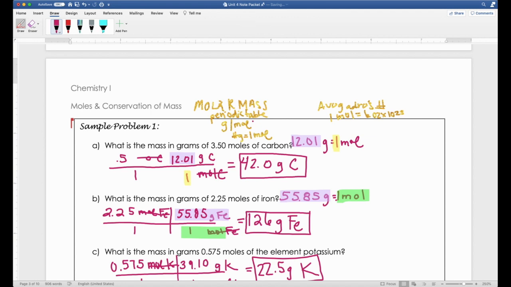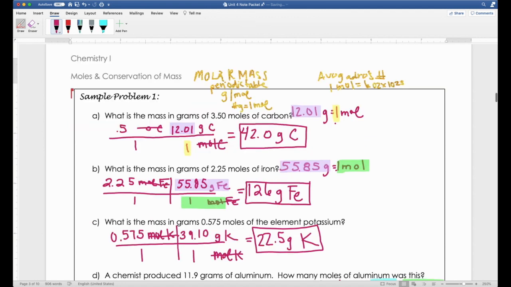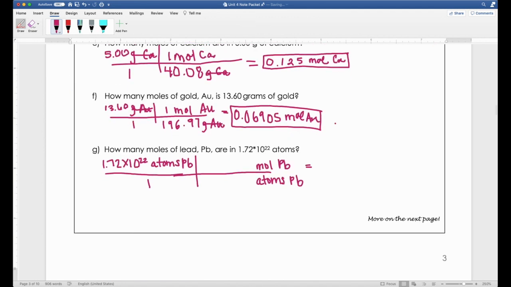We don't care about the mass of that sample, so we don't even have to look on a periodic table. All we need to know is that 1 mole, in this case of atoms, contains 6.02 times 10 to the 23rd atoms. That's all we have to know how to do.